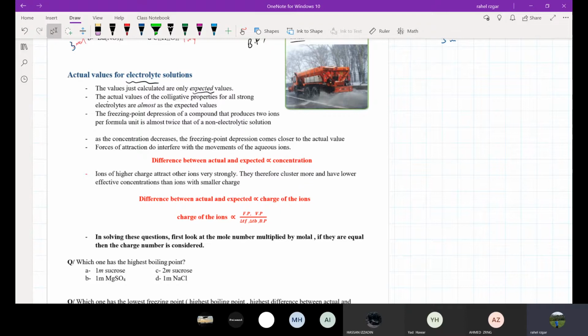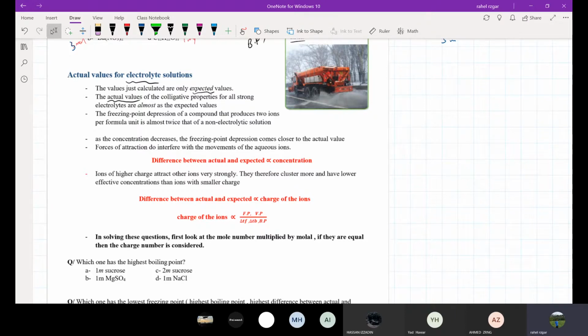What are the actual values? The actual values of these properties for all strong electrolytes are almost the same as the expected values, but not exactly as expected.